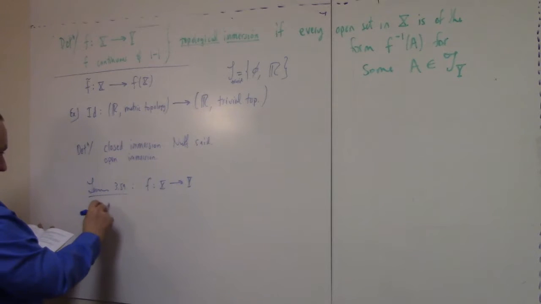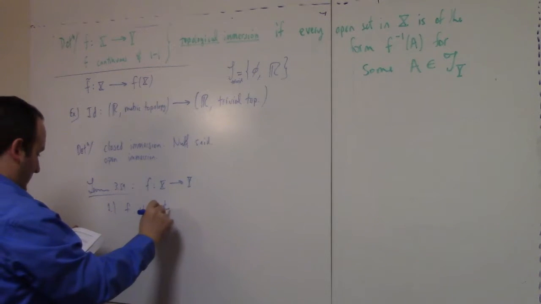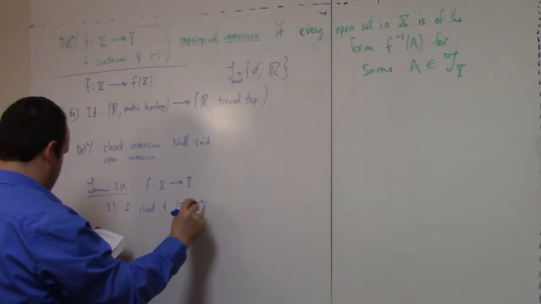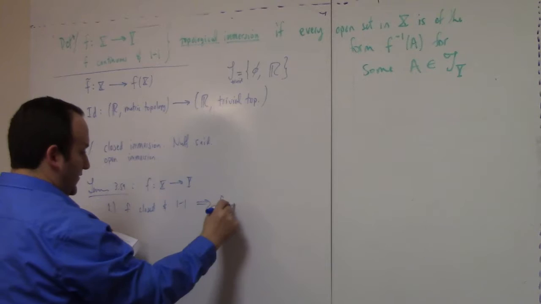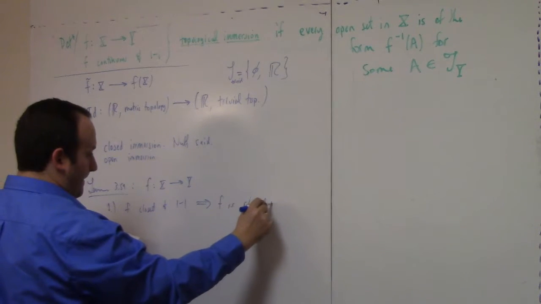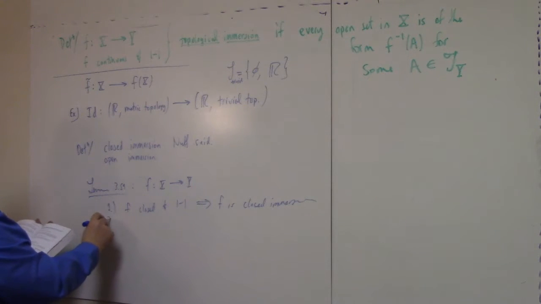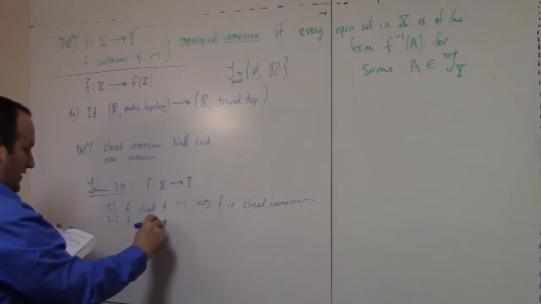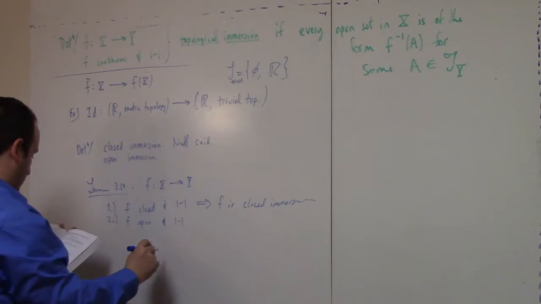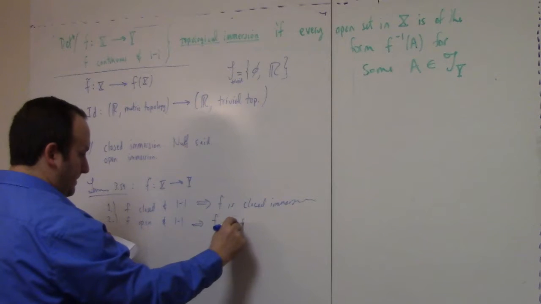Then, one, if F is closed and one-to-one, then F is a closed immersion. And two, if F is open and injective, then F is an open immersion.